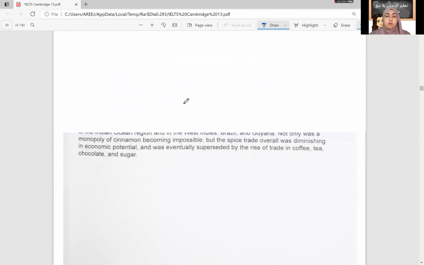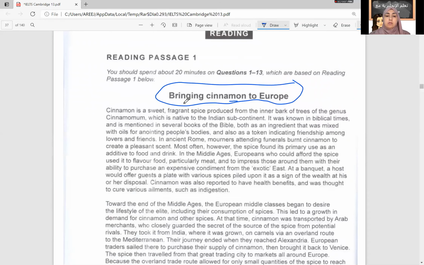I just go back to the text. As we know, we have to start from the beginning, I start from the top when we have the first questions. So I look for the word Bible or biblical times. I skim through very quickly and find the word Bible. Here I need to slow down a little bit, because I need to find the word related to that.